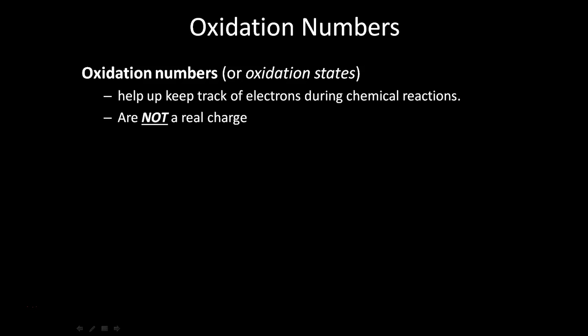Oxidation numbers are kind of like formal charges, and they help us keep track of where electrons are going during these chemical reactions. One of the things that is important to remember is they are not necessarily real charges. They aren't actually charges on the different atoms or ions in the species. So keep that in mind.